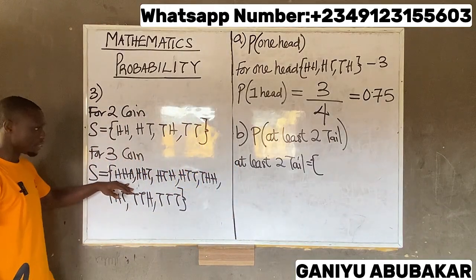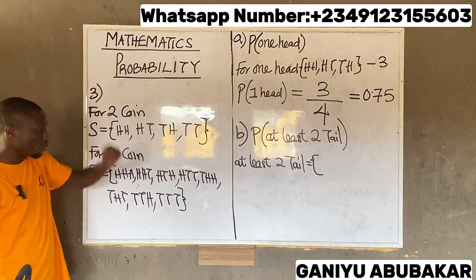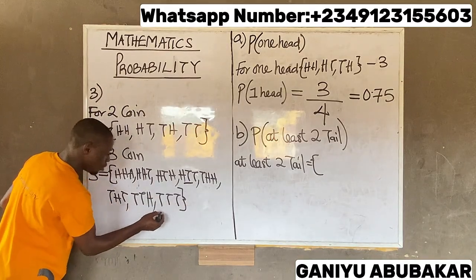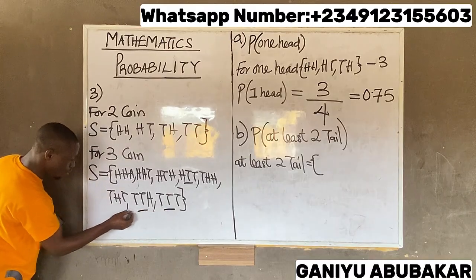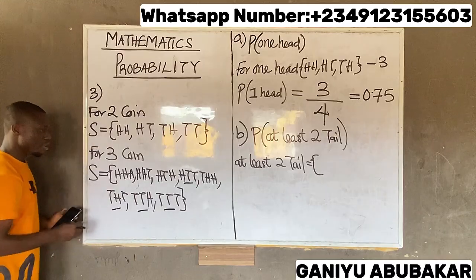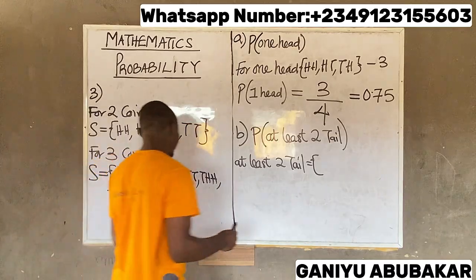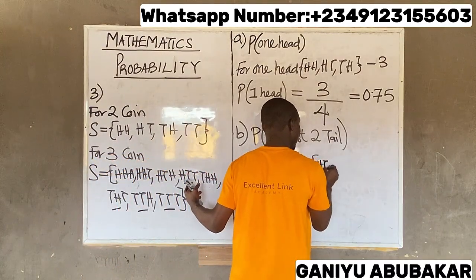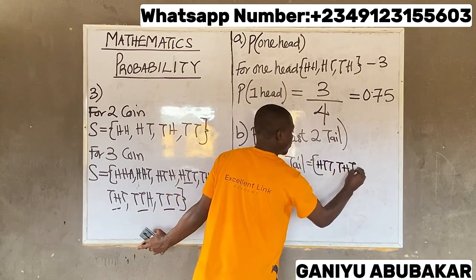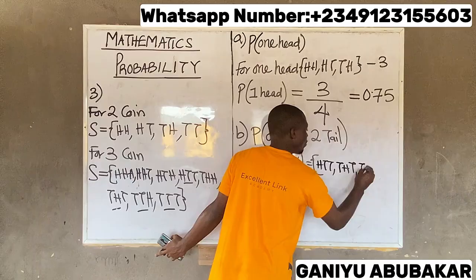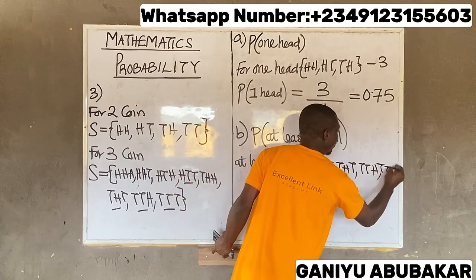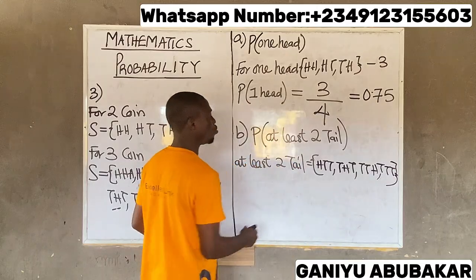Now come down here for three coins. Each of these has at least two tails: head, tail, tail; tail, head, tail; tail, tail, head; and tail, tail, tail. So 1, 2, 3, 4 are the outcomes for at least two tails.